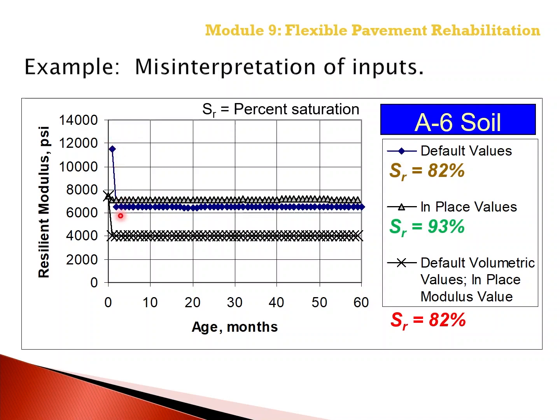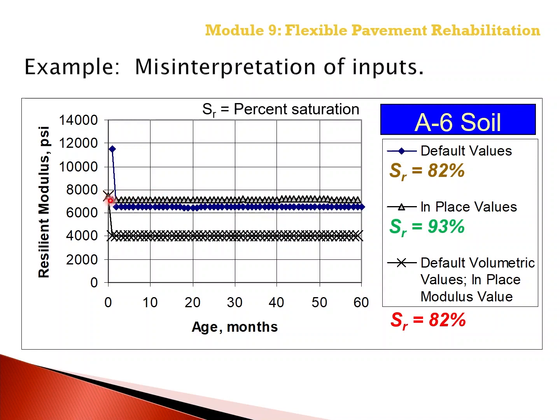And so as the degree of saturation increases, the resilient modulus is going to decrease. And as shown from the default values, both for modulus as well as water content and density, we get about the same value as using the in-place values with the back-calculated resilient modulus, or the in-place values derived at the time of deflection testing, so they're about the same.